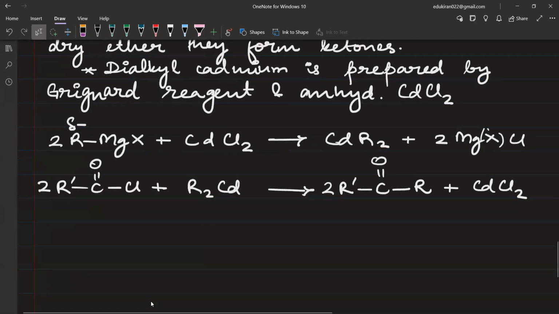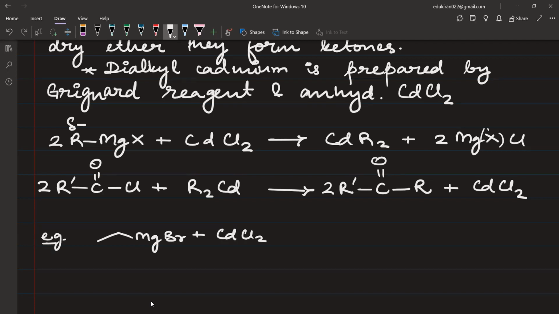For a specific example, please write. We have 2 carbon, CH3CH2, and then MgBr, plus CdCl2. This will give you cadmium with the alkyl group of 2 carbon atoms.